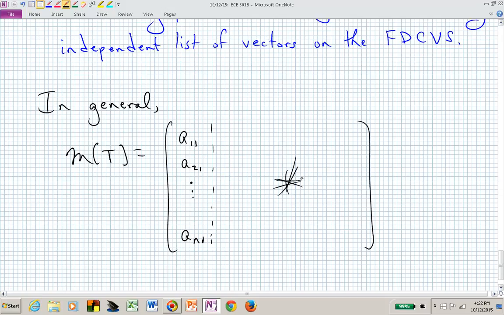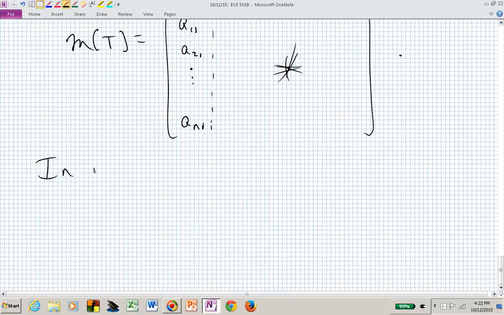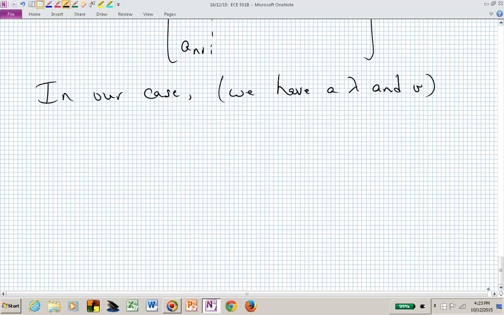In our case, we've already learned that we have an eigenvalue, lambda, and an eigenvector v for that particular linear operator T. If that's the case, and we are going to extend v, we just have one vector right now.